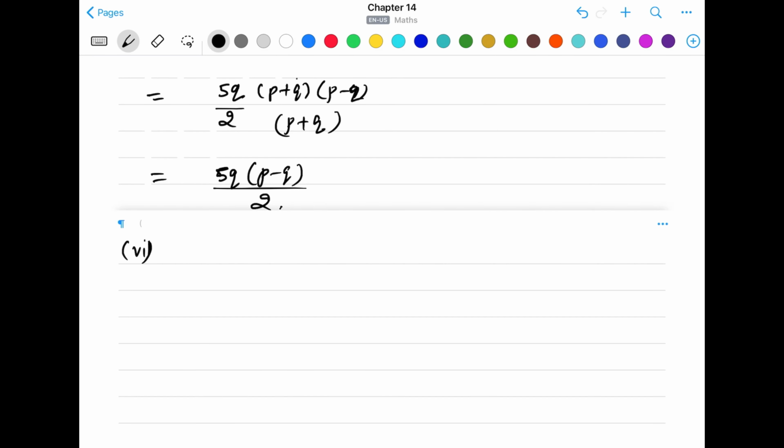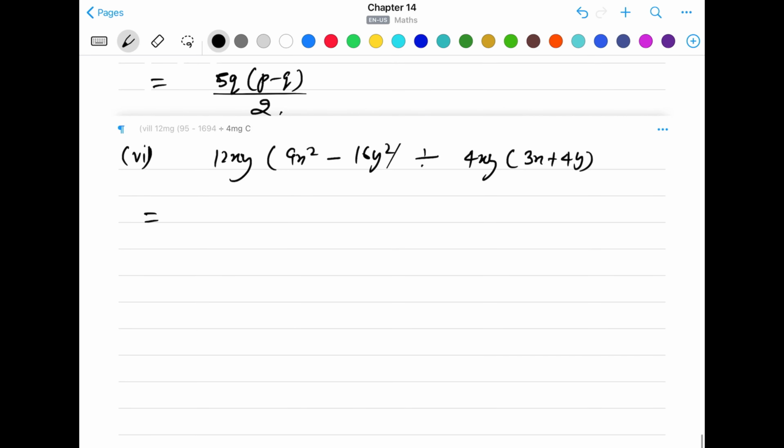We have 12xy into 9x square minus 16y square divided by 4xy into 3x plus 4y. Let's write it in division form.